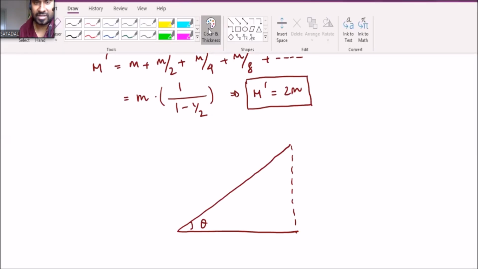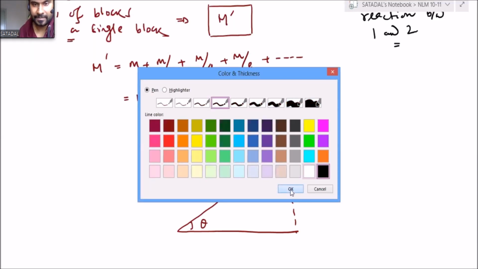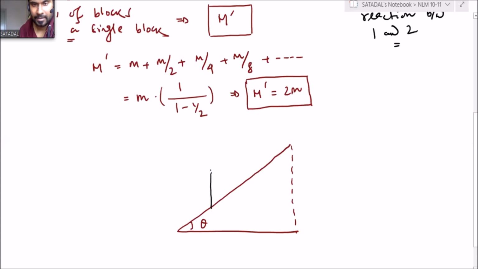Then over which the smaller wedge is kept. This is the smaller wedge. This angle is theta. And over it, only one block is placed. What is the mass of it? 2M. What is the mass of this wedge? MW. I hope now you can do. At least try now. Everyone, please go for it.